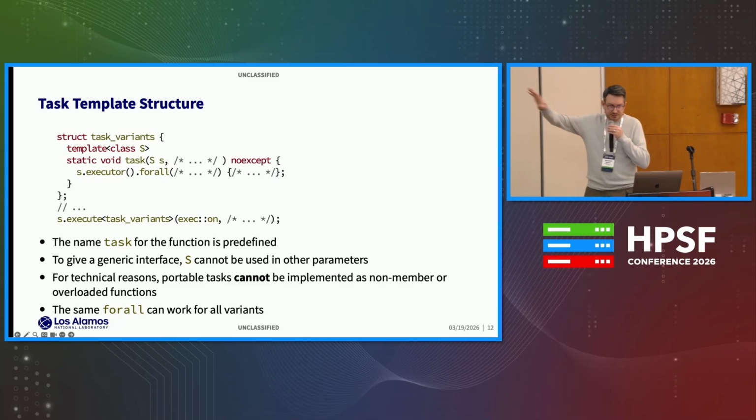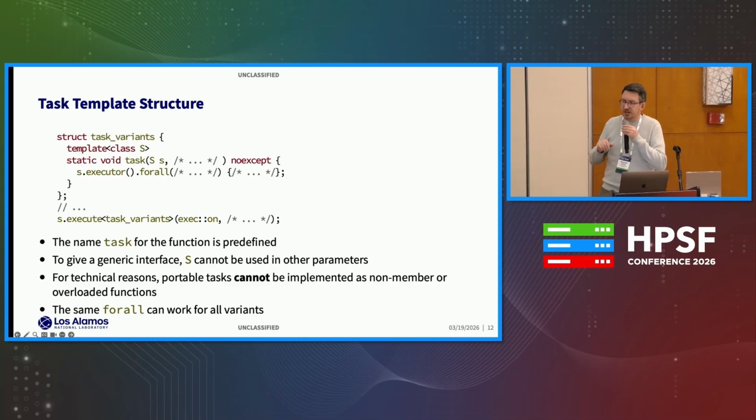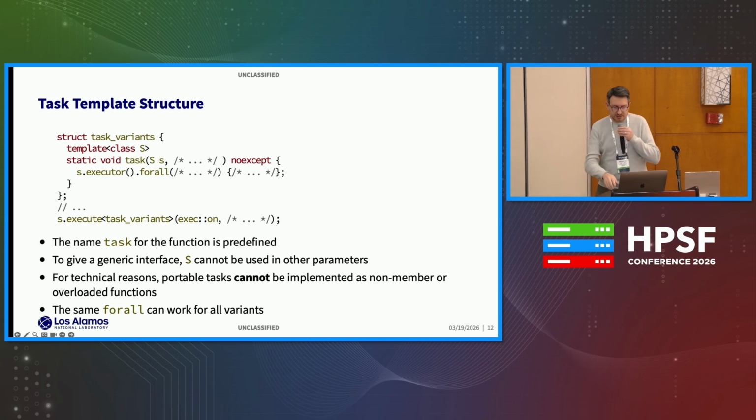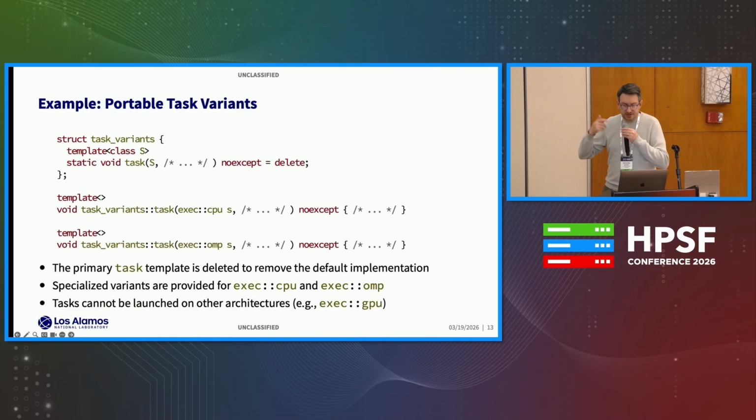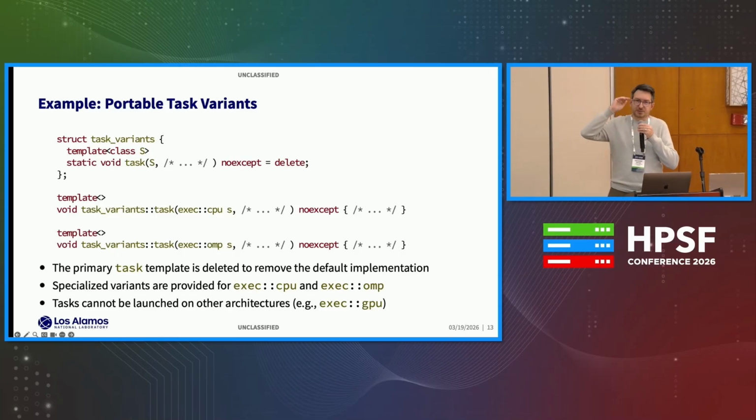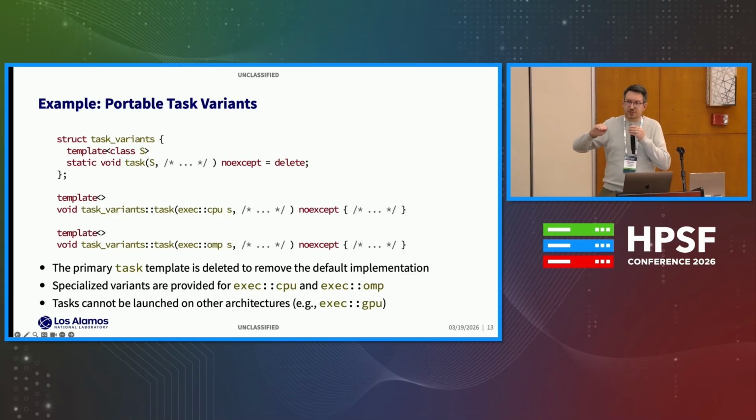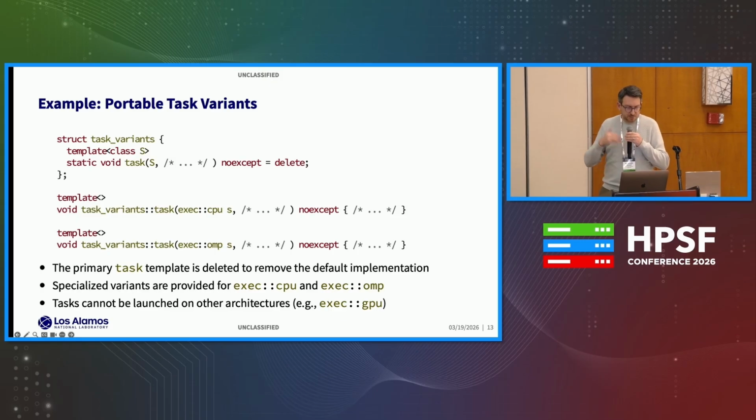So the general gist of this is you have this struct where you define this template. This is the same as defining a task with exec accelerator, but the benefit here is you can actually delete specific implementations, like you can not have a GPU implementation and have a specific CPU or OpenMP implementation. And yeah, that's my part.